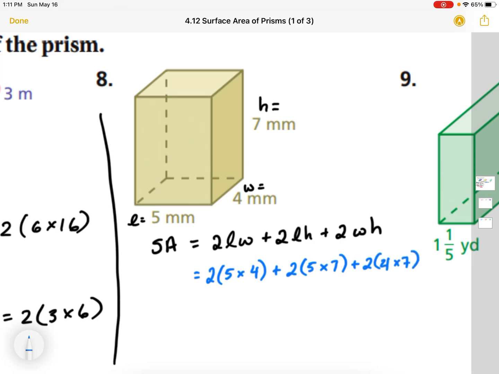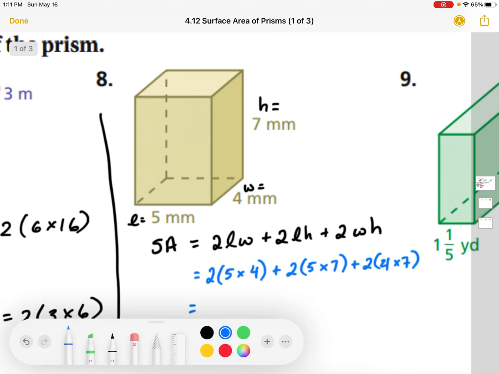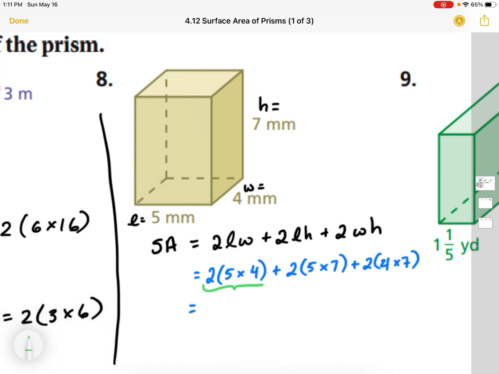Now, I have to remember order of operations, so I need to do all these multiplications first before I add.